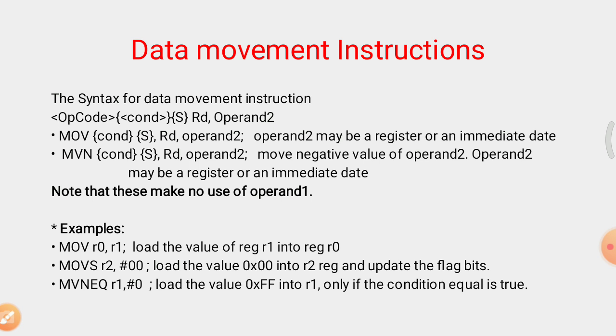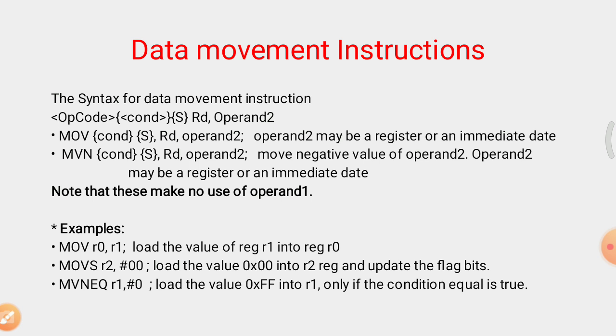Whichever value we mention in the place of operand 2, it will be negated first and then loaded into the destination register, but the value of operand 2 remains the same, it will not be changed. Note that these make no use of operand 1. So here only two operands are used, that is Rd and operand 2. The operand 1 is not at all used.